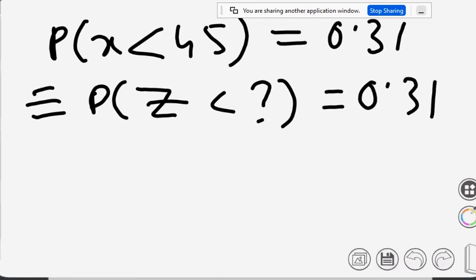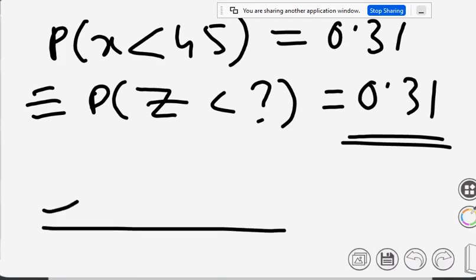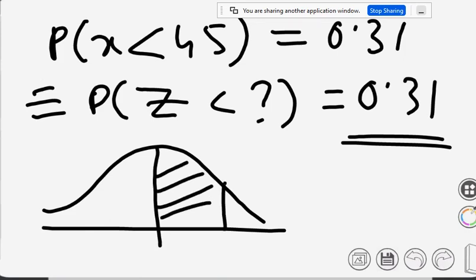So probability is 0.31. আমাদের যে টেবিলটা দেওয়া আছে সেখানে it is given as this area.